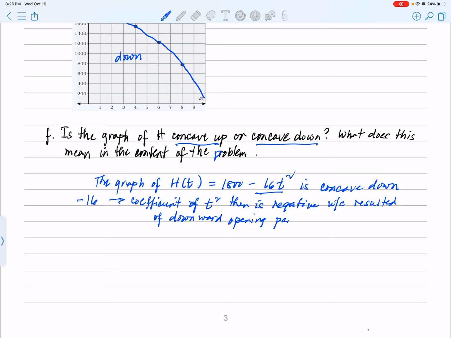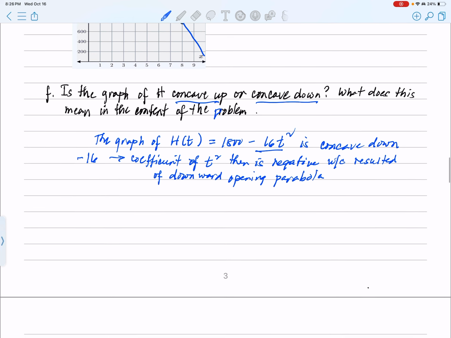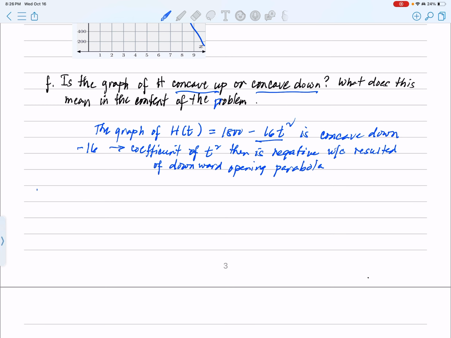It's positive when it's a parabola opening upward. So in context, start writing down, since it's asking about concave. When you are writing down what you want to prove, what does it mean in terms of the context of the problem.